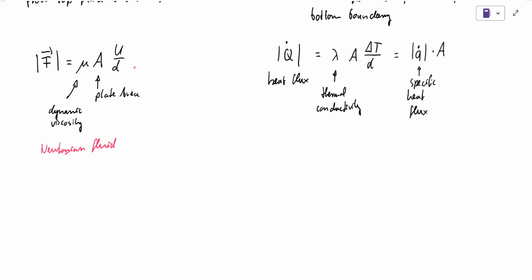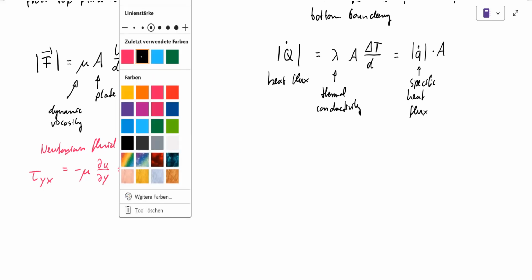And for that one, we have the definition that the shear stress tau yx equals minus the dynamic viscosity times the partial differentiation of u with respect to y, which is, in this case, as we have linear behavior, minus the dynamic viscosity times this linear stuff, u divided by d. So what exactly is tau yx?